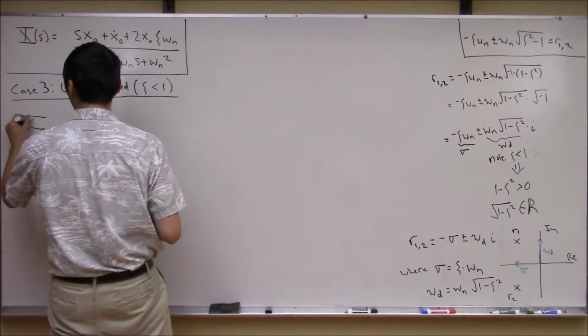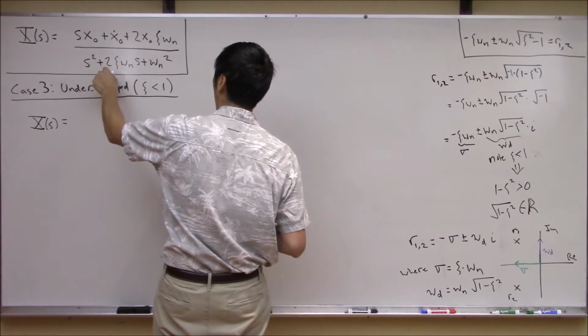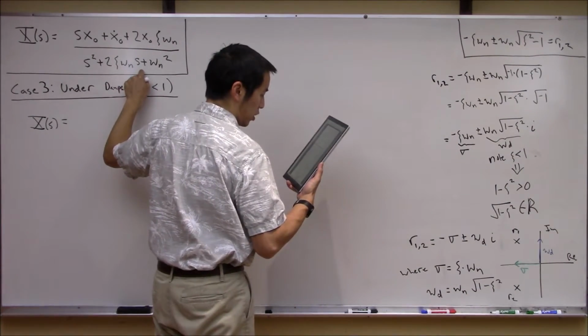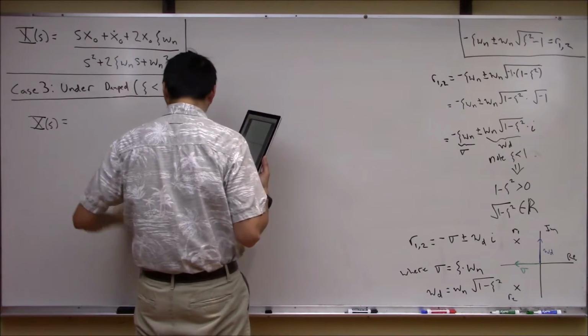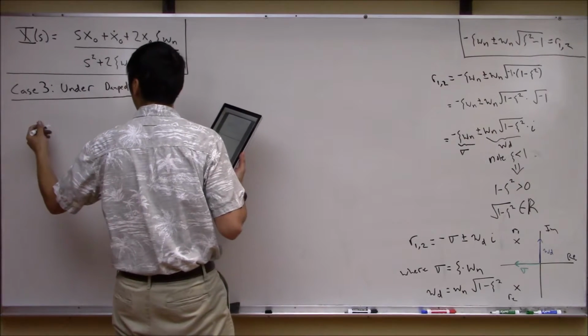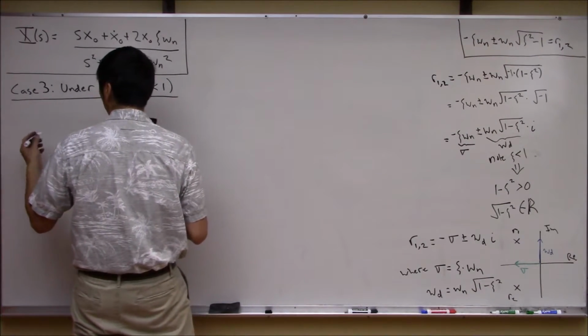Okay, let's go back and try to find the partial fraction expansion of this when we understand that the roots are given by a pair of complex conjugates. Sorry, maybe I jumped the gun here. Let's rewrite the denominator, because we're going to try to complete the squares to do our partial fraction expansion.